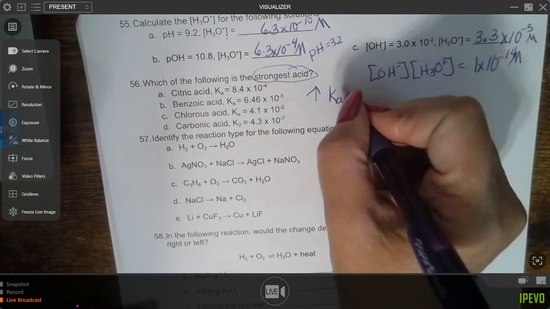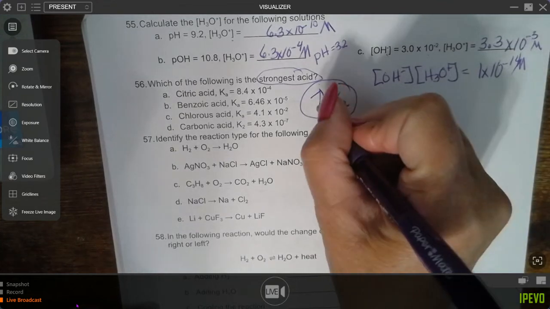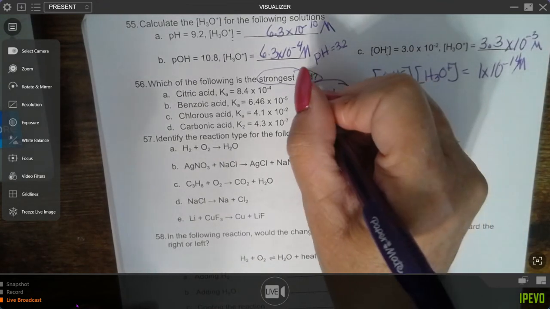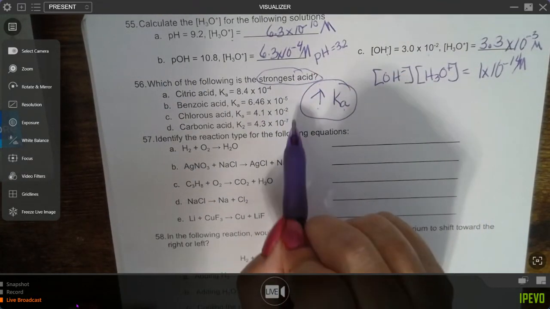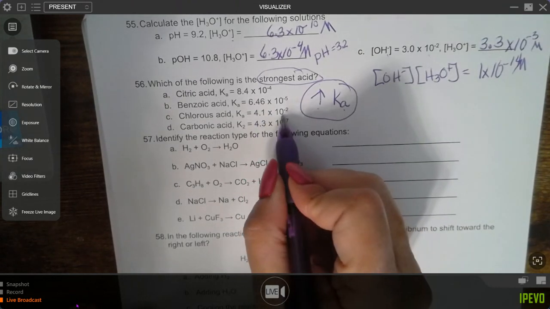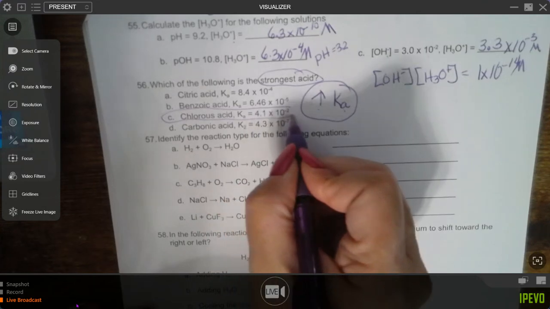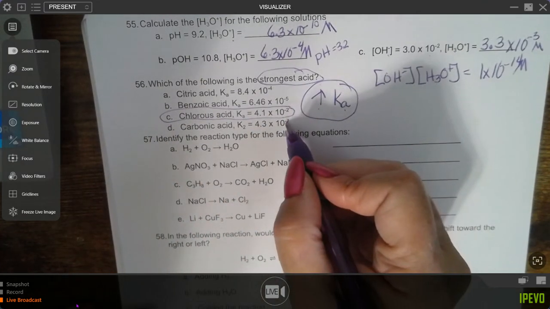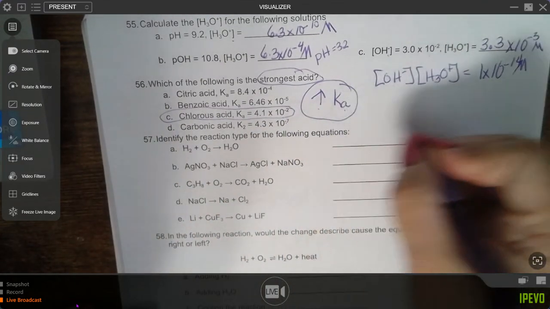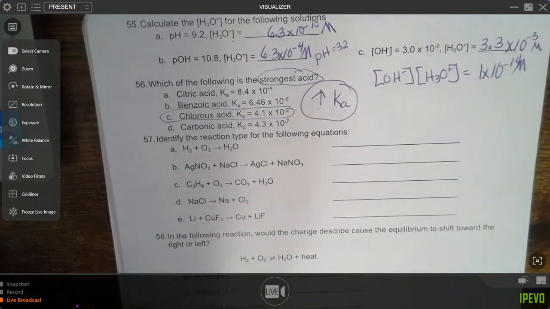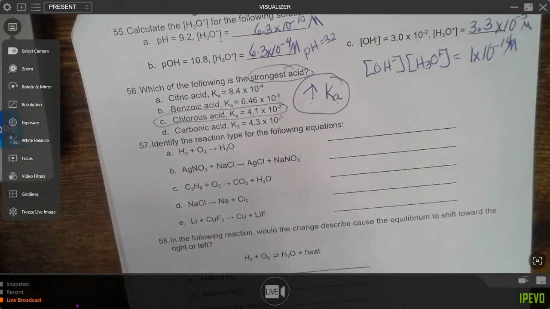That's why we didn't talk about it. But the larger Ka is the stronger acid. So 4.1 times 10 to the negative second would be the largest number. Remember, negative exponents put a lot of zeros in front, so the one with fewer zeros in front is what I'm looking for.